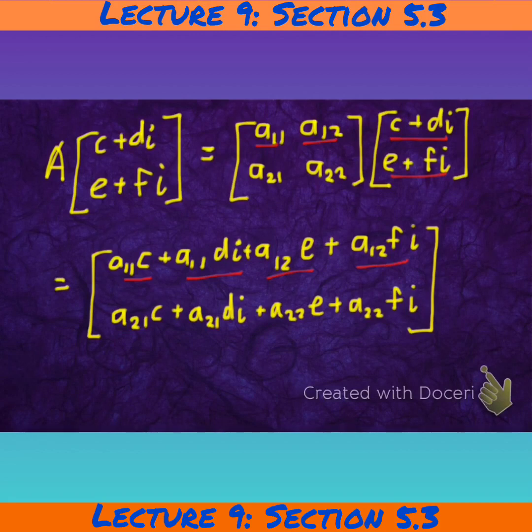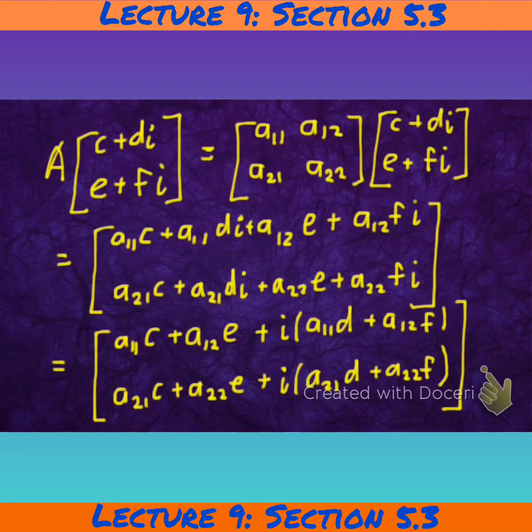And then you do the same for the second row. Multiply that with that, and you get this term here, and then you multiply that with that, and you get this term. Right, so then grouping the real part, separating the real and the imaginary parts, we get this matrix.